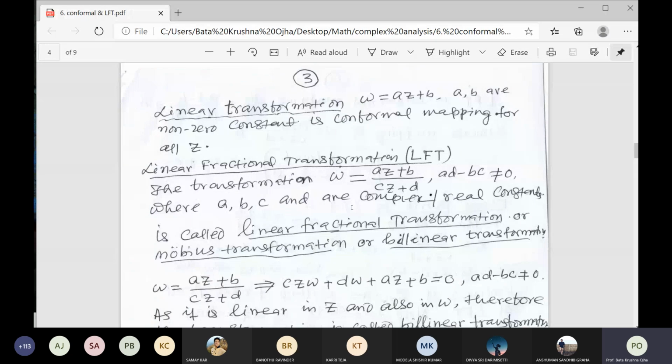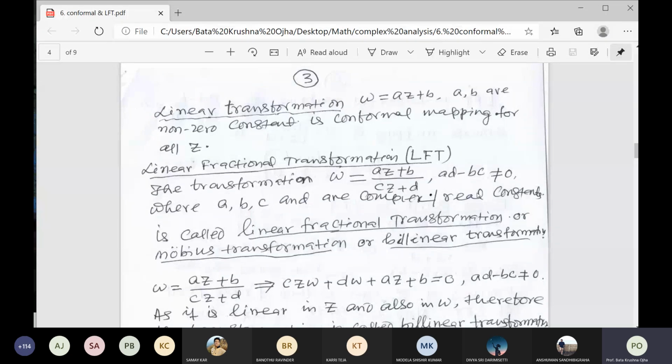a, b, c and d are complex or real constants. That is the most important condition for rational functions in z to be conformal. If you write ad minus bc in determinant form, it is the second order determinant with rows a b and c d.